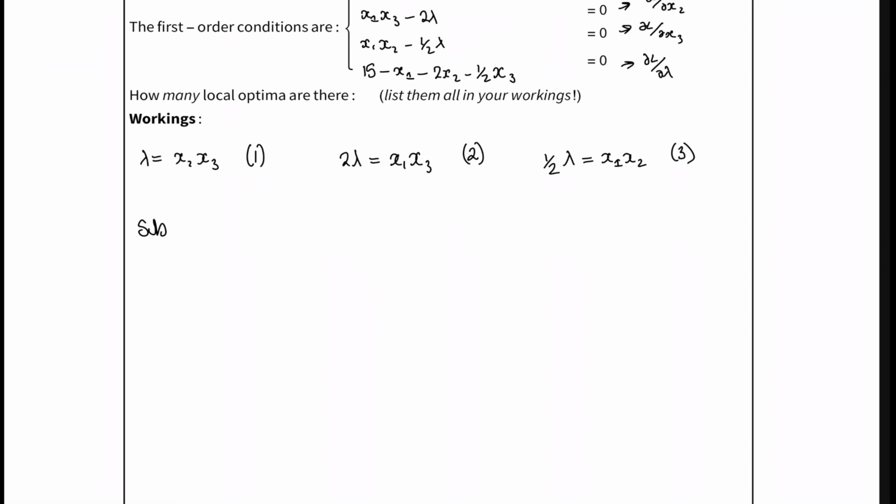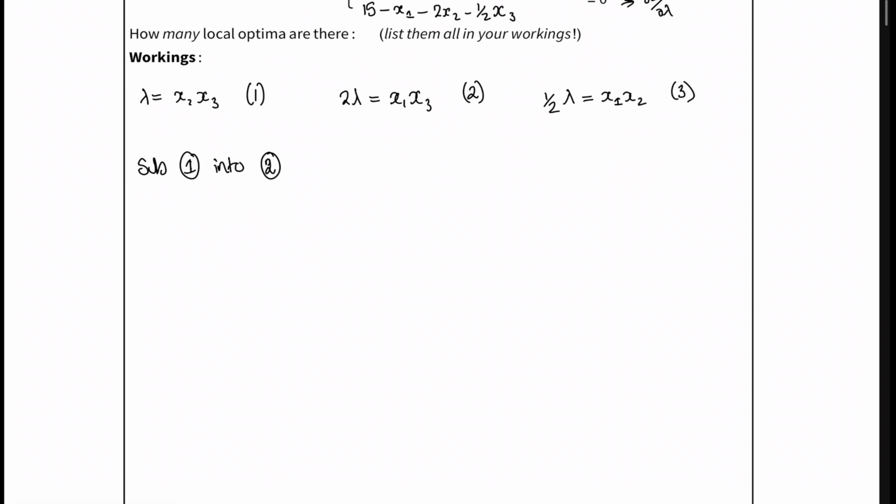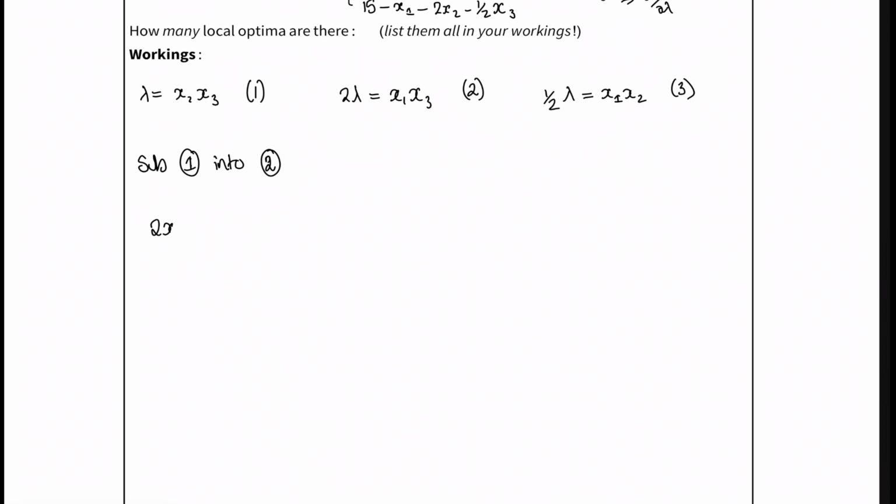If we now sub equation 1 into equation 2, we get 2 x2 x3 is equal to x1 multiplied by x3. We can divide by x3, which gets rid of the solution x3 is equal to 0, and we're left with 2x2 is equal to x1, which we can write as x2 is equal to a half x1.